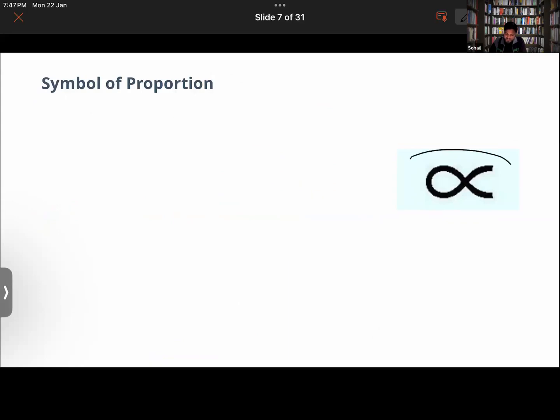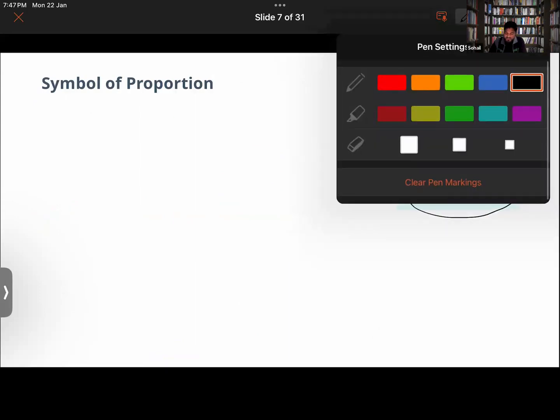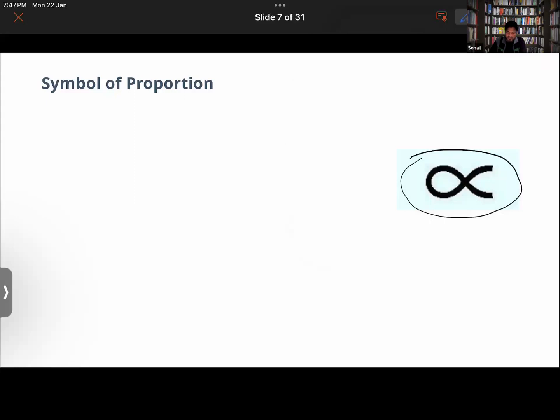That is the symbol of proportion, no doubt in it. Whether you talk about direct proportion or inverse proportion, which we will come to later on in 5 minutes, when we talk about direct proportion, where you are required to show the relation between x and y, x increases, y is also increasing. So there's a direct relation, a proportion between the two.